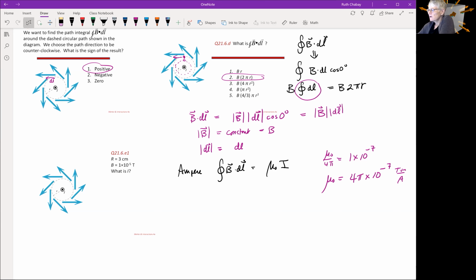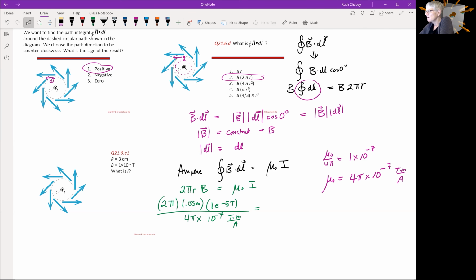So the way we'd figure this out is, the left-hand side would be 2 pi r B, which is mu 0 I. So we have 2 pi times 0.03 meters times 1 times 10 to the minus 5 Tesla, and we divide by 4 pi times 10 to the negative 7 Tesla meter per ampere.